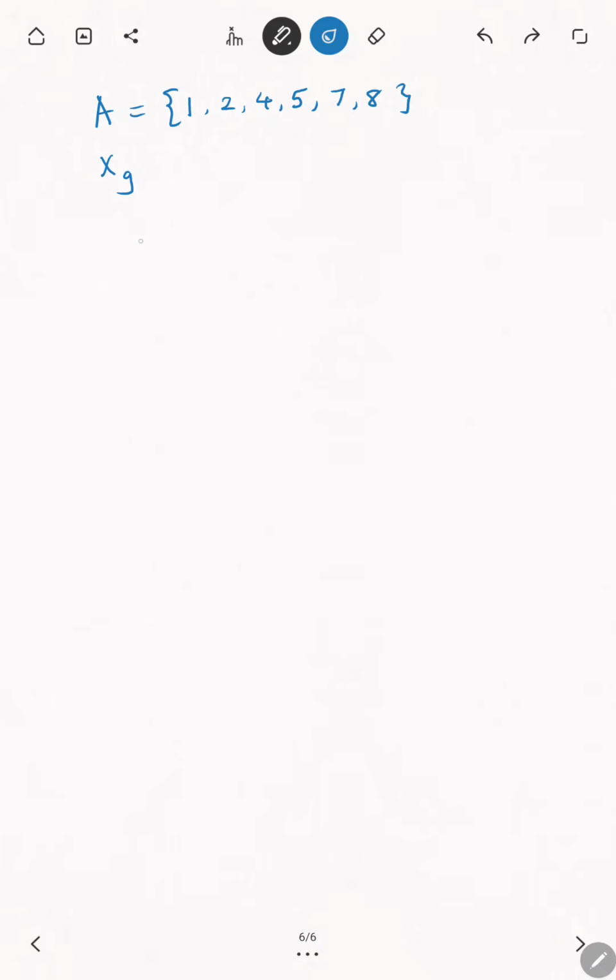What does it mean? We'll see that directly with the multiplication table or Cayley's table. One will have the same row.